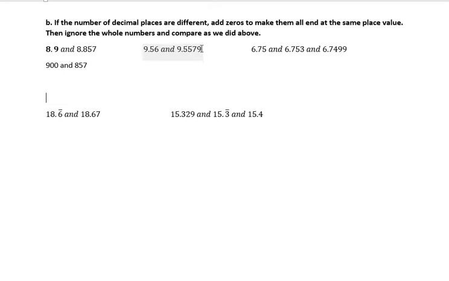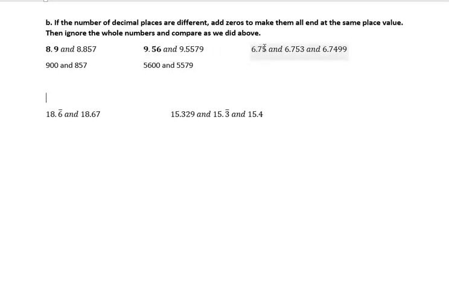Okay, here we have 4 decimal places compared to 2. The 9 whole number is the same, so that doesn't help us. So I'm going to write 56, add 2 zeros, and then 5579. So I have 5,600 and 5,579. 5,600 is actually greater than that, so that's the greater number, the one that I bolded.